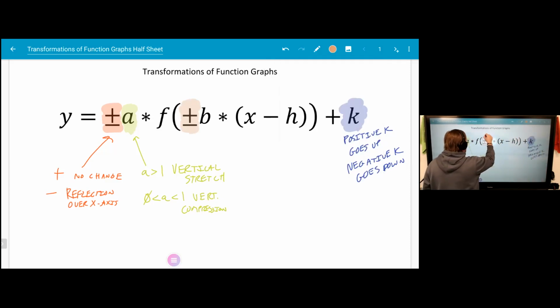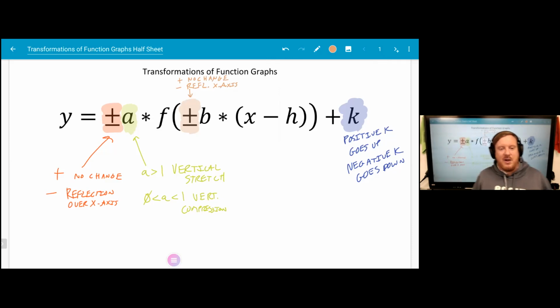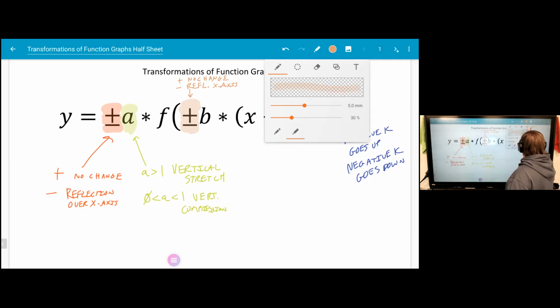So for this one right here, if it's positive, we have no change. If it's negative, we have a reflection over the x-axis. So now if you're counting along with me, we had three items that could happen vertically. We're going to have 3 things that happen horizontally. We've talked about 1. Let's go to the next one.